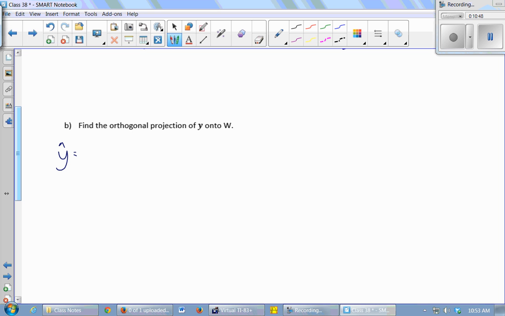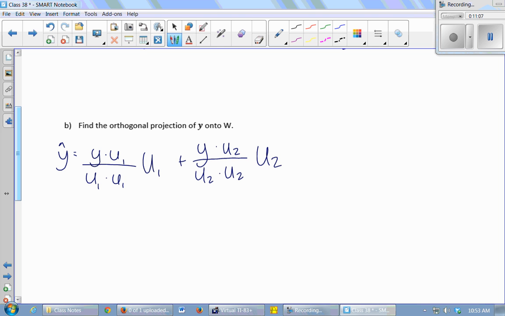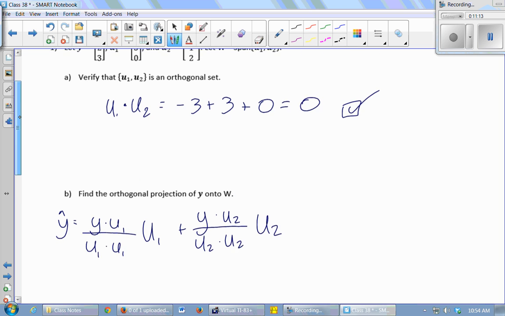Y dotted with u1 over u1 dot u1 times u1, plus y dotted with u2 over u2 dot u2 times u2. So we're basically doing the orthogonal projection of y onto u1 and the orthogonal projection of y onto u2, and we add them together to get the orthogonal projection of y onto the plane spanned by u1 and u2.